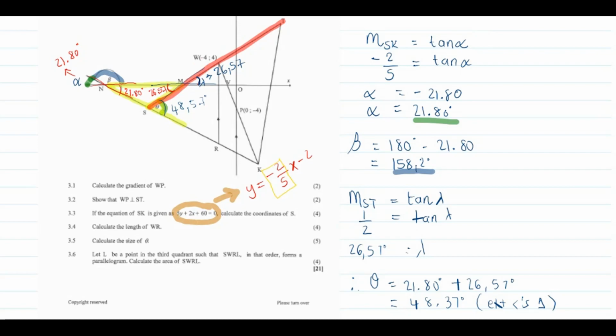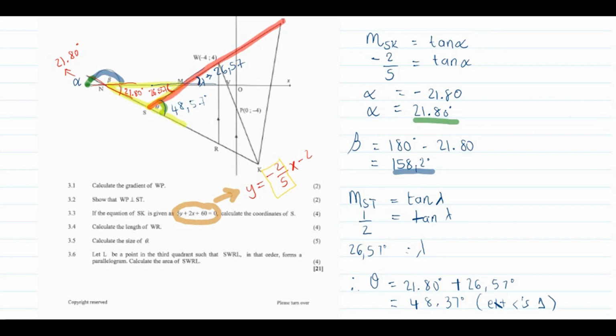We found that the gradient of our line ST was equal to a half, which is equal to tan of lambda. After doing our calculations on the calculator, our angle lambda was equal to 26.57. Since they are vertically opposite, we substitute that 26.57 into the M value in our triangle.